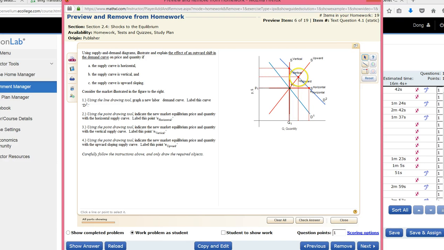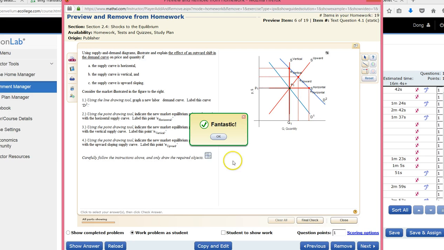So now the quantity increases by some, and the price also adjusts by some. So both price and quantity increase, but their magnitudes are both lower than in the two extreme cases. So now let me check my answer. Fantastic.